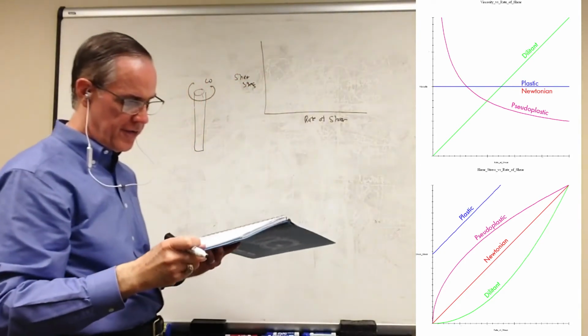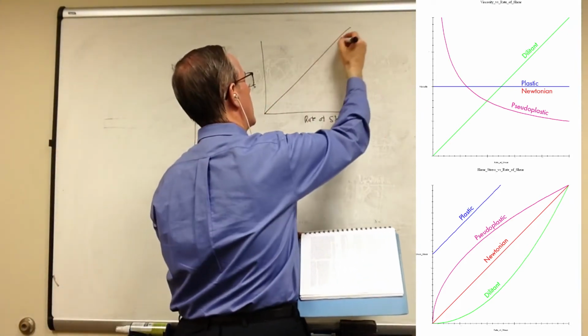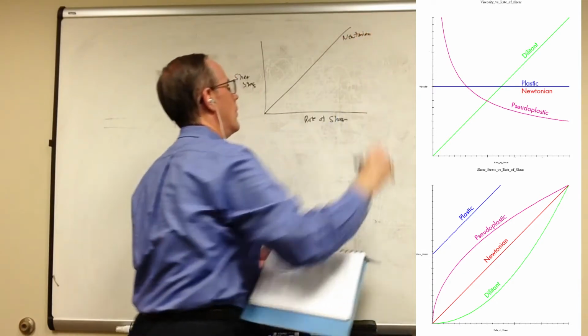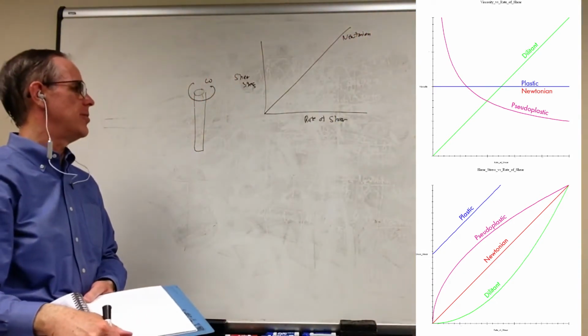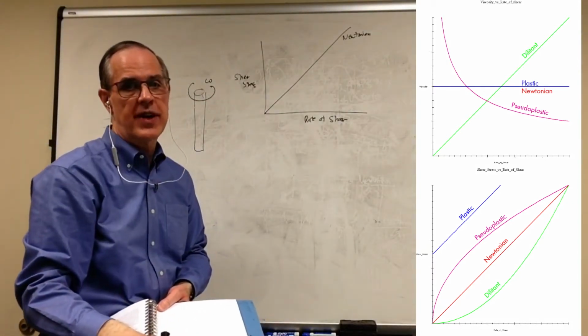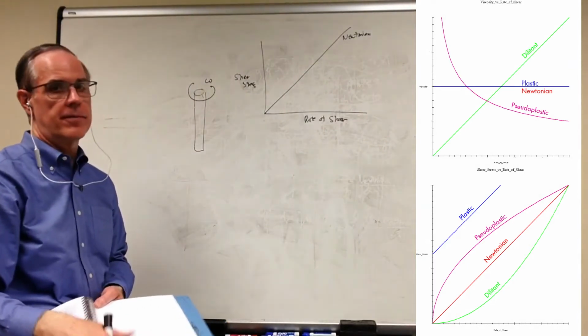For a Newtonian fluid, these two will have a nice linear relationship: 0 rate of shear, 0 shear stress. Fluid static. As you increase the rate of shear, the shear stress increases linearly.